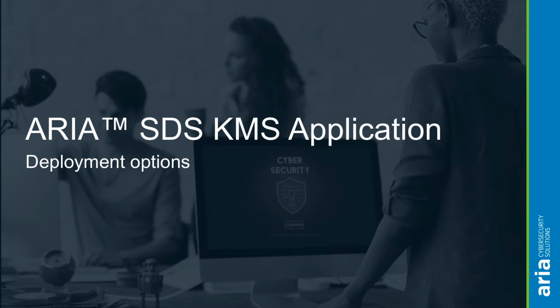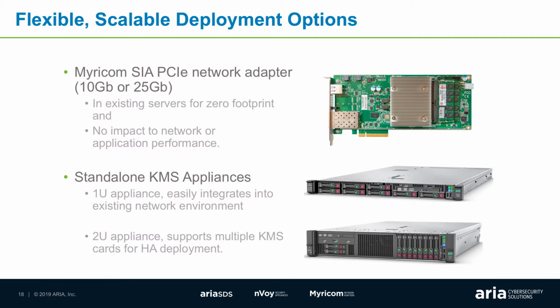So let's take a quick look at deployment options, and then we'll summarize the things that we heard. The ARIA KMS solution can be deployed to one of CSPI's Myricom Secure Intelligent Adapter cards. This standard PCIe form factor add-in card provides not only 10 or 25G connectivity, but requires no extra rack space. It can reside in an existing server, but provide critical isolation for the encryption keys from the server hardware.